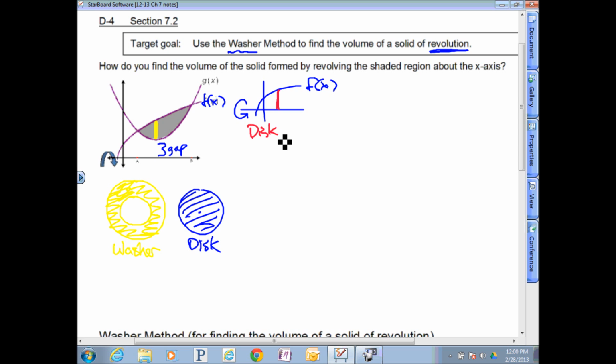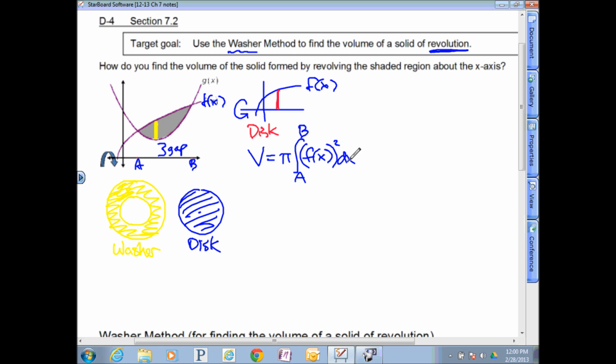And if I wanted to find the volume, my volume would be pi times the integral from a to b of my f of x function, which is the radius of the disk, squared, dx. Revolving that f of x would make a three-dimensional solid.